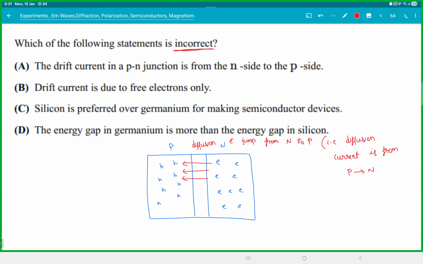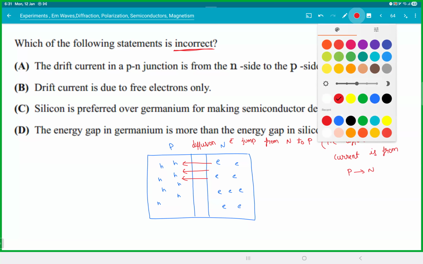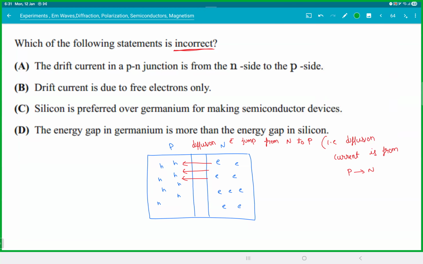Now, as these charges keep jumping continuously, the whole central part starts getting charged. This side gets negatively charged. So in a PN junction, P is negatively charged and N is positively charged. Be careful.